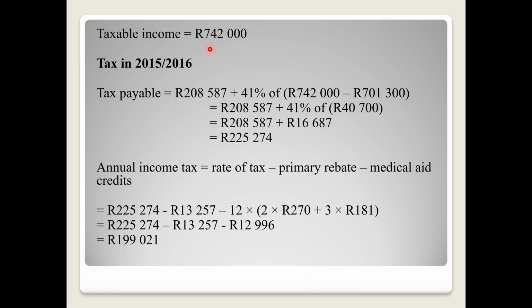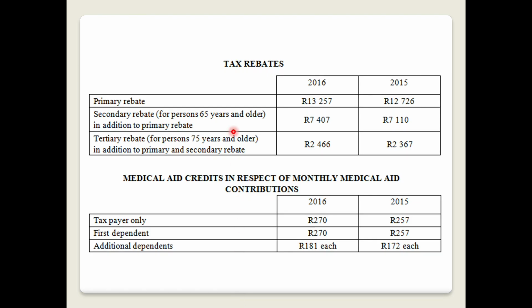Okay, so for taxable income in 2015, you find where you fall in the bracket, and then the annual tax is the rate of tax minus the primary rebate minus the medical aid credits. They also stated that she belongs to a medical aid for herself and 4 dependents. So the first 2 people, according to the medical aid, taxpayer 270, first dependent 270, and additional dependents 181.